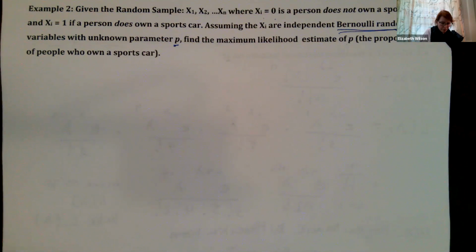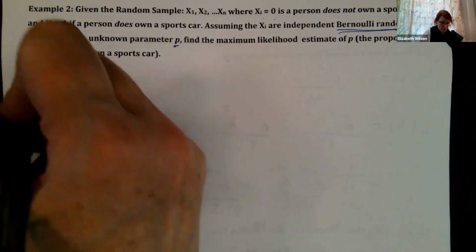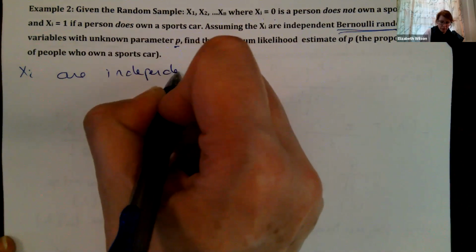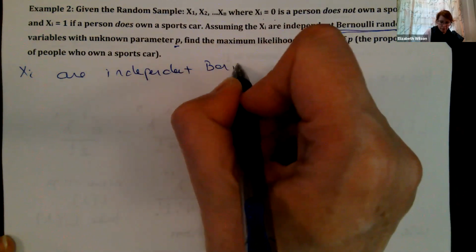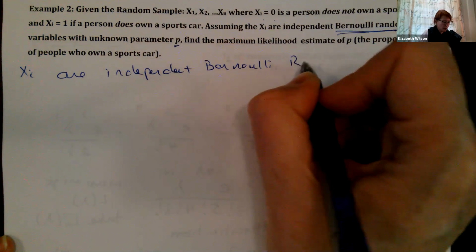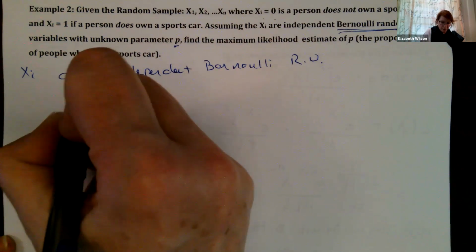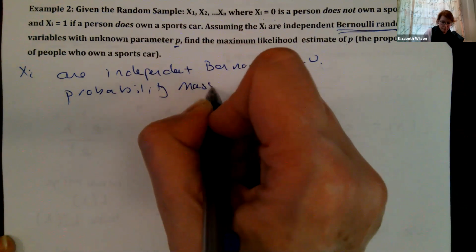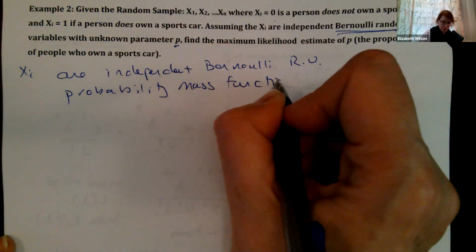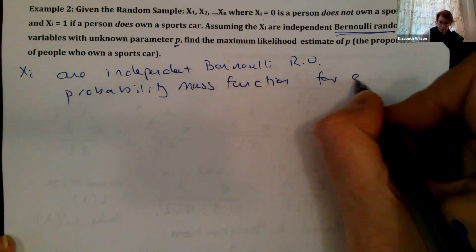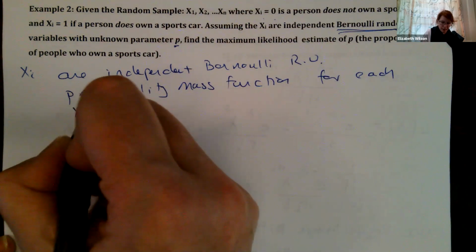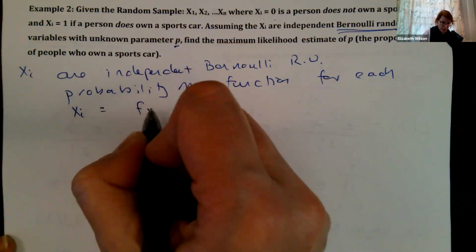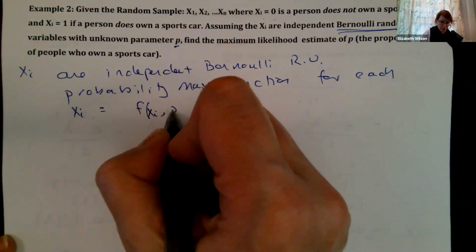If x sub i are independent Bernoulli random variables, then the probability mass function for each x sub i, as a function of p, is going to look like this.